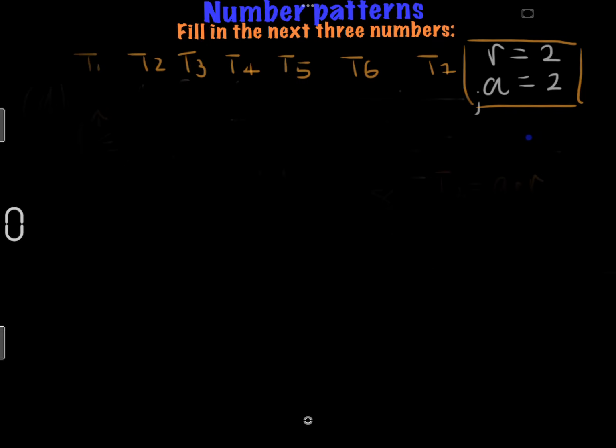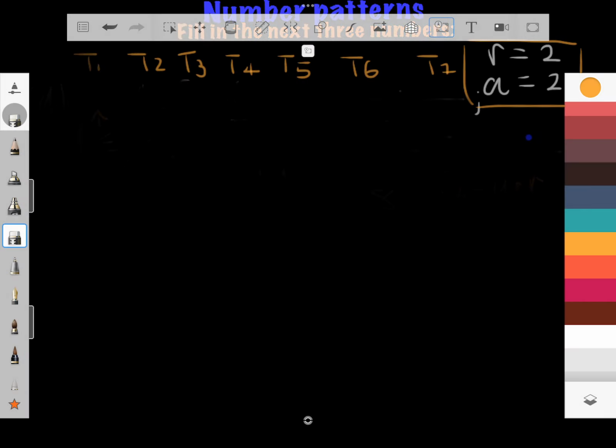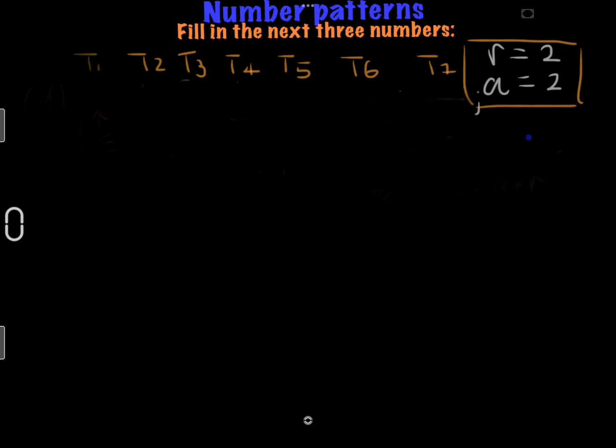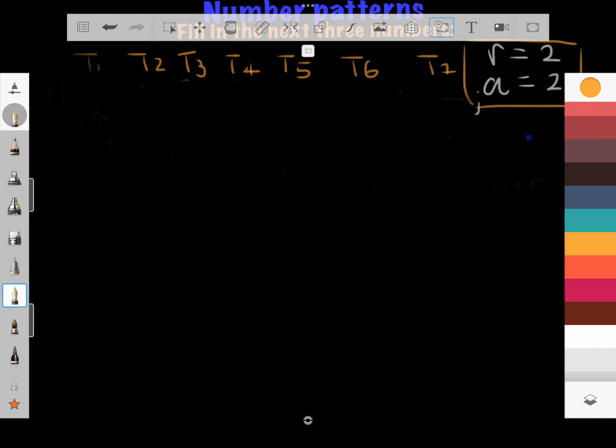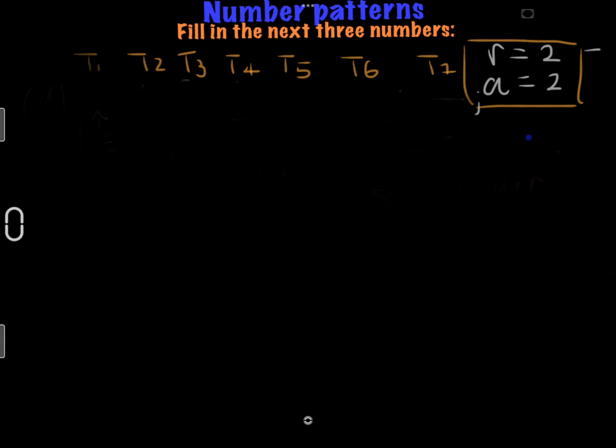So moving forward, we know that our parameters, we have the R or the ratio being 2. We saw that the ratio here is 2. There it is. This is the ratio. And then our first term is 2. Now we need to find other missing values.